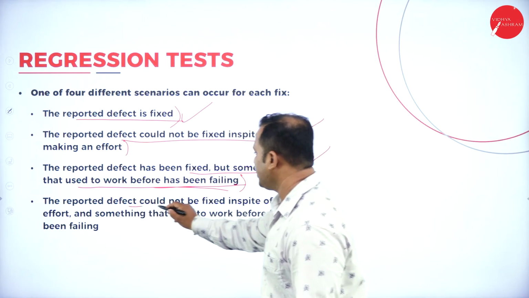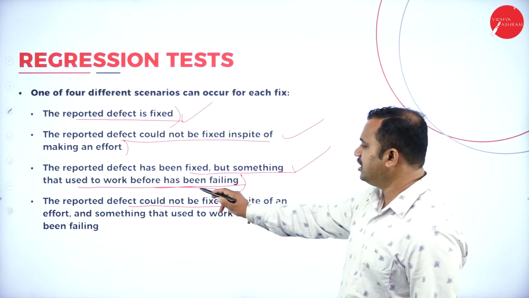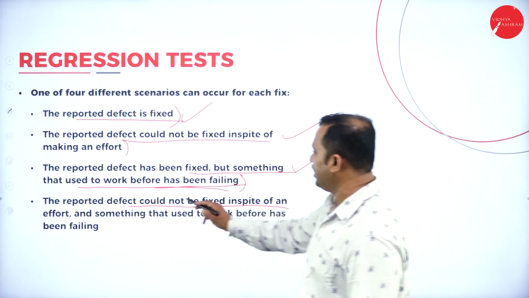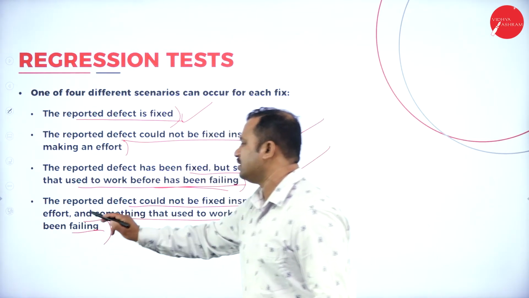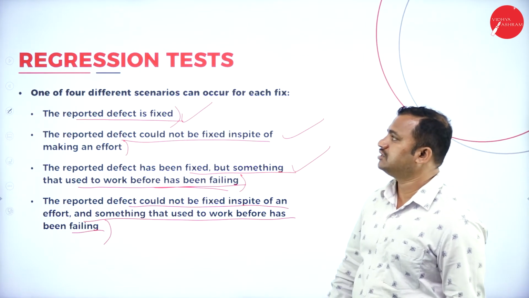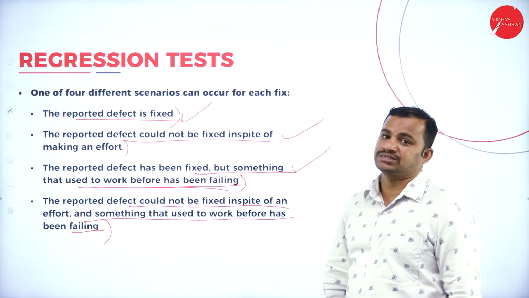Fourth one is the reported defect could not be fixed in spite of an effort and something that used to work before has been failing. These are the 4 different scenarios in which the regression testing is conducted.